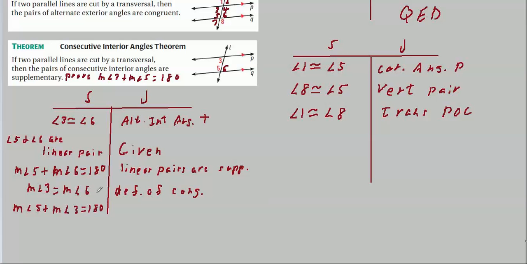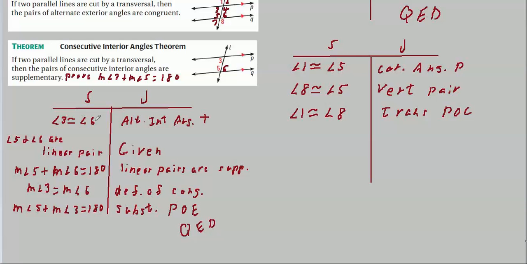Why? Well, substitution. That's the substitution, well, you call that a property of equality because we're using equalities here. And now I think we can write our QED.